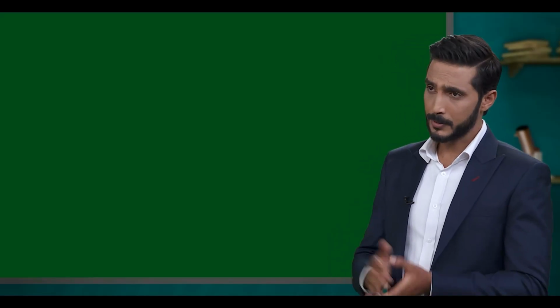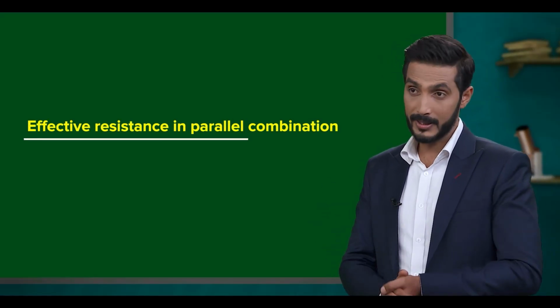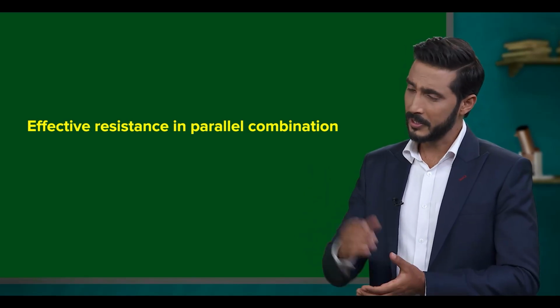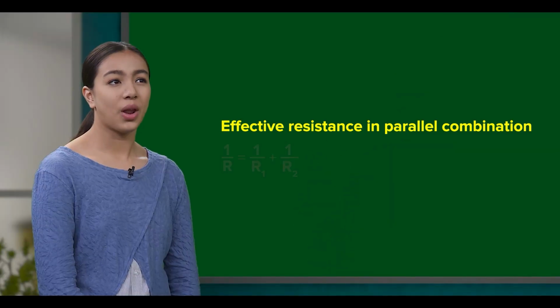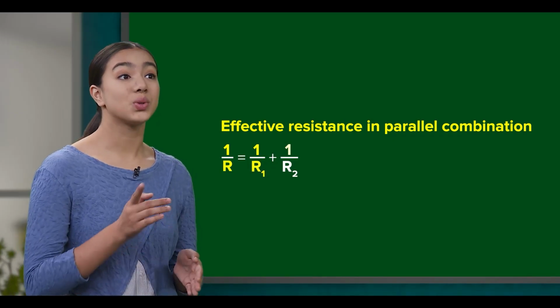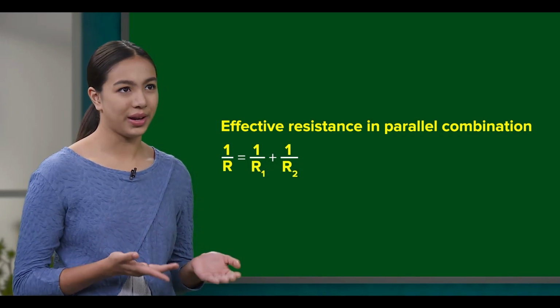I agree. Moving on, do you know the expression of combined or effective or total resistance of 2 or more resistors connected in parallel? You mean 1 over R is equal to 1 over R1 plus 1 over R2 and so on?